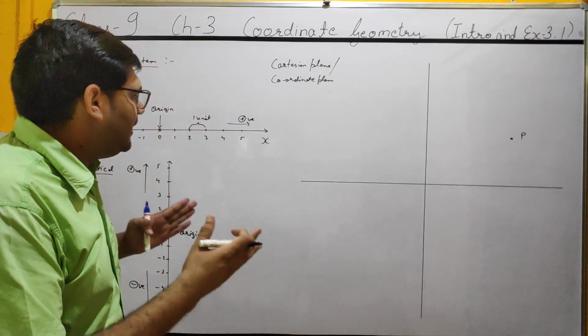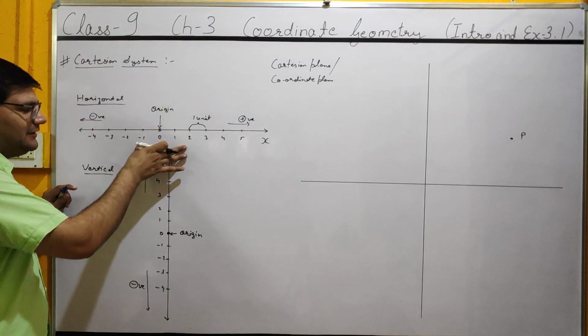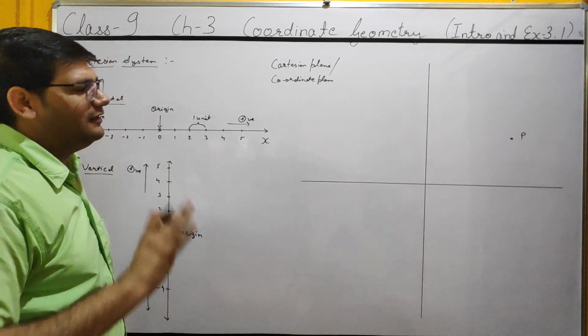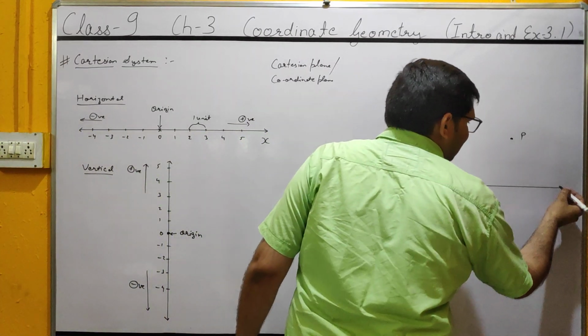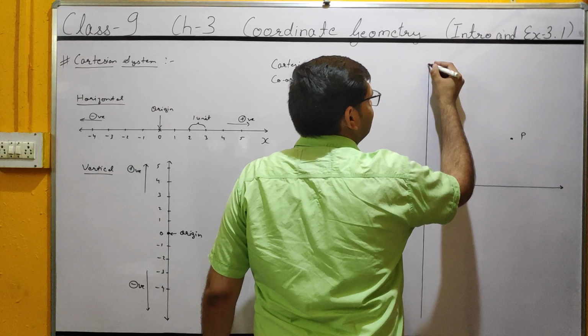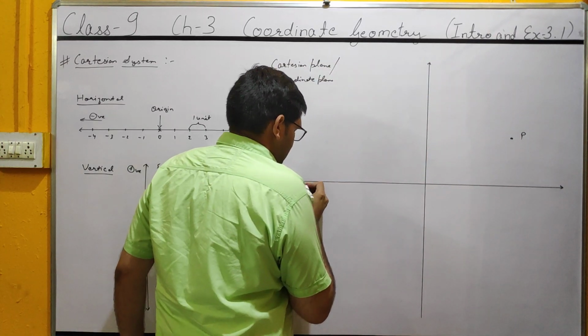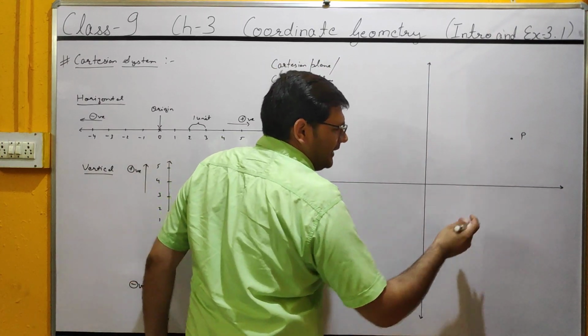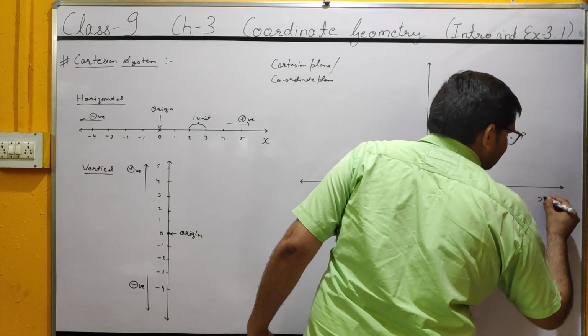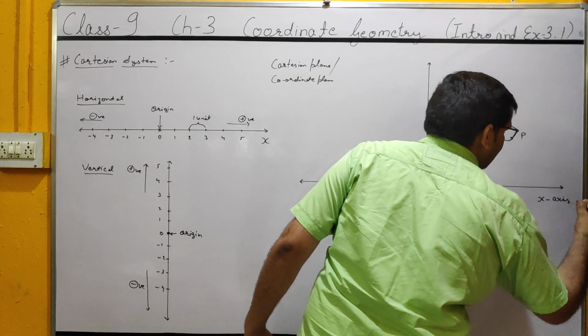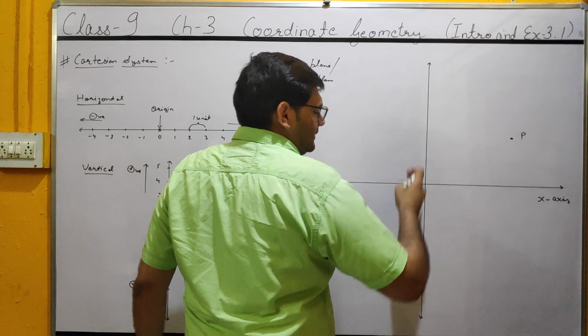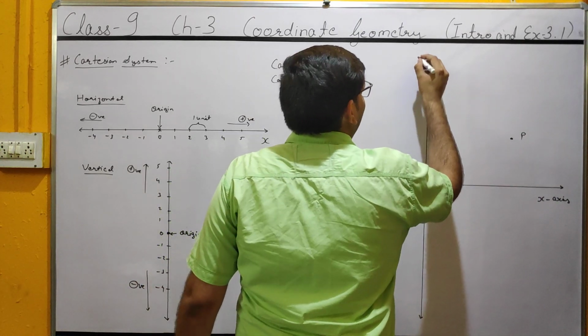So now we will do one thing. We will take horizontal and vertical, both are lines, and we will say that one line is our x-axis, and this vertical is our y-axis.